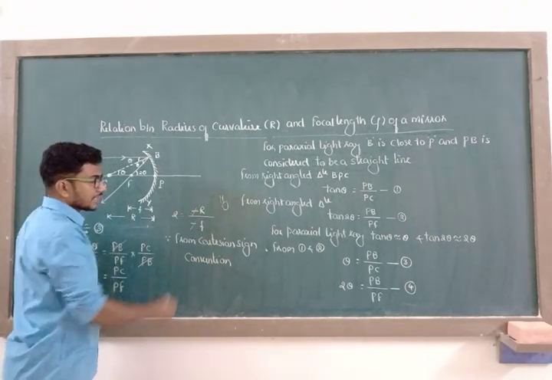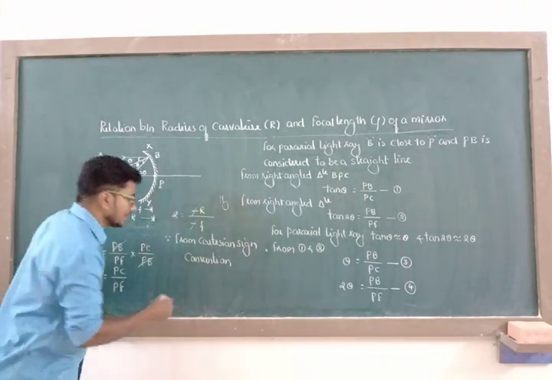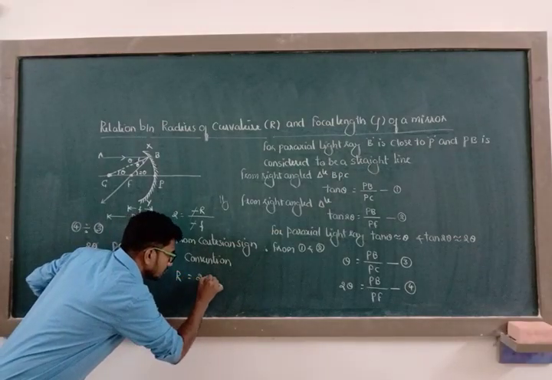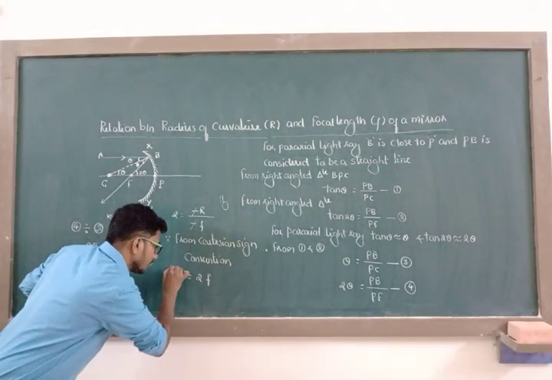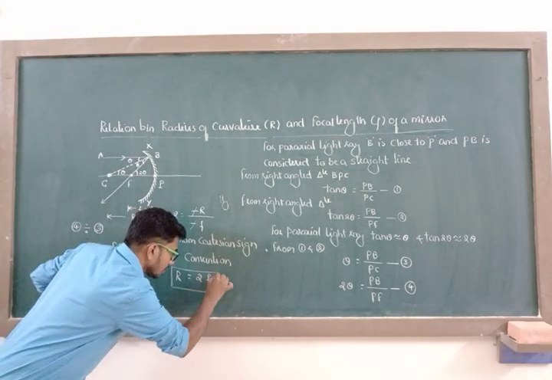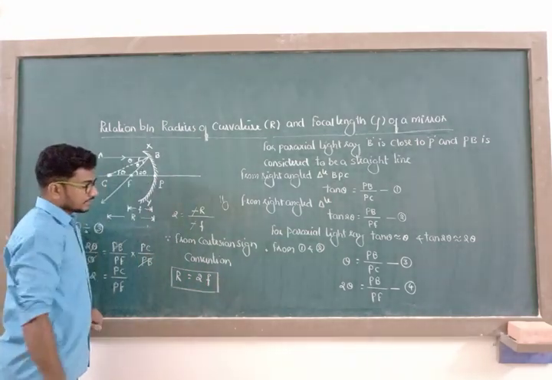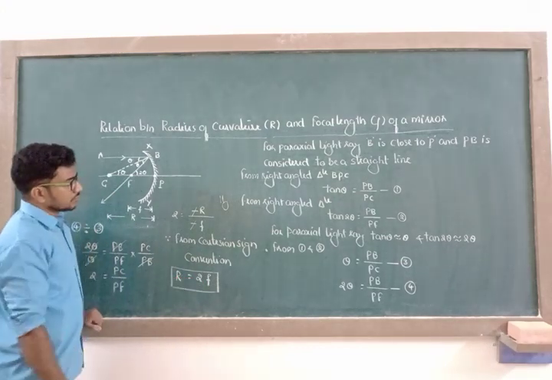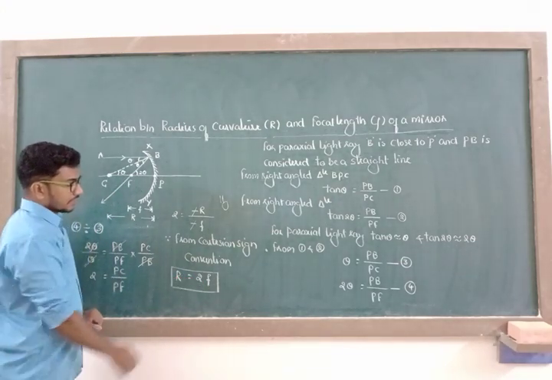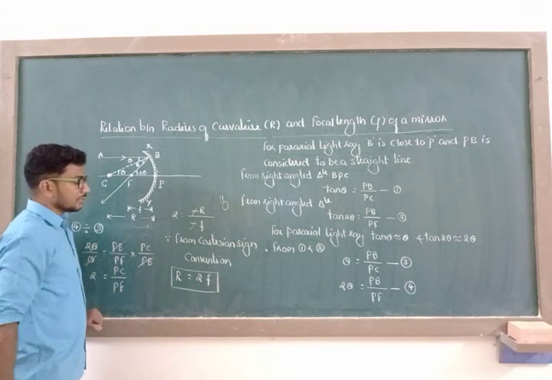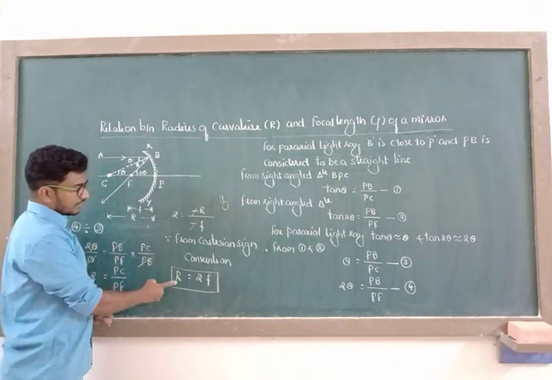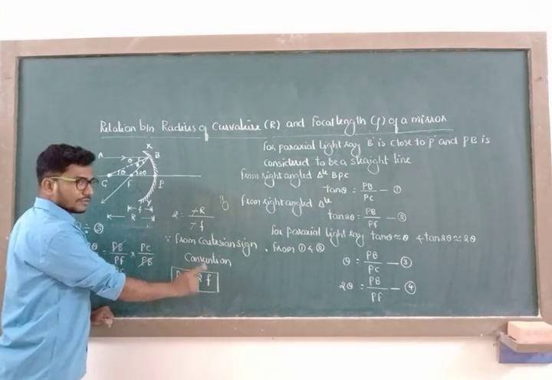Negative sign gets cancelled, then R is equal to 2F. You can write R equal to 2F, or F is equal to R by 2. So this is the relation between radius of curvature and focal length.